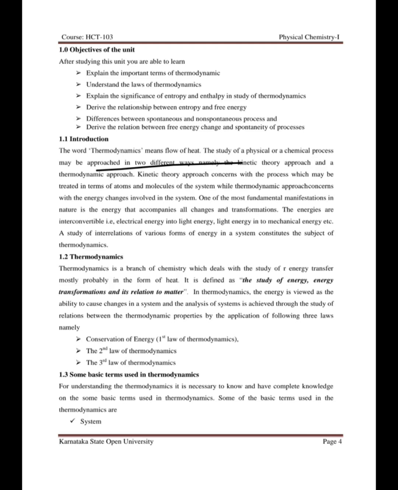The canonical theory approach is concerned with processes which may be treated in terms of atoms or molecules. The thermodynamic approach is concerned with the energy changes involved in the system. So we are going to study the system and the changes present in it, that is, the reaction taking place. So these are the two different methods.